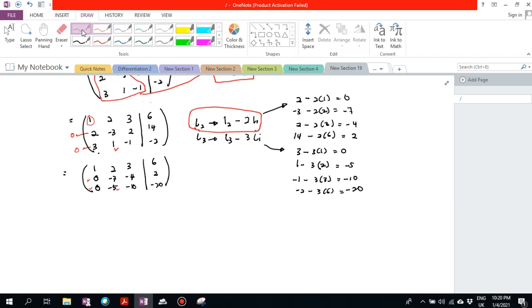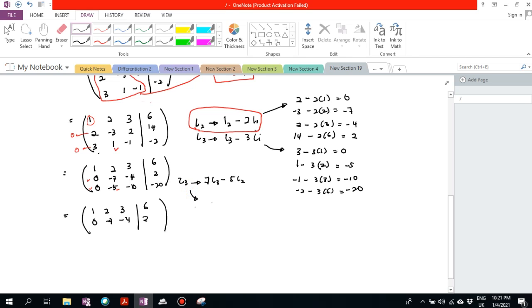So what we need to do is, for this one, you will get I3, which should be 7 times I3 minus 5 times I2. So what you do is, we have 1, 2 and 3, 6, then 0, negative 7, negative 4 and 2, and for the last one, we can do it here.